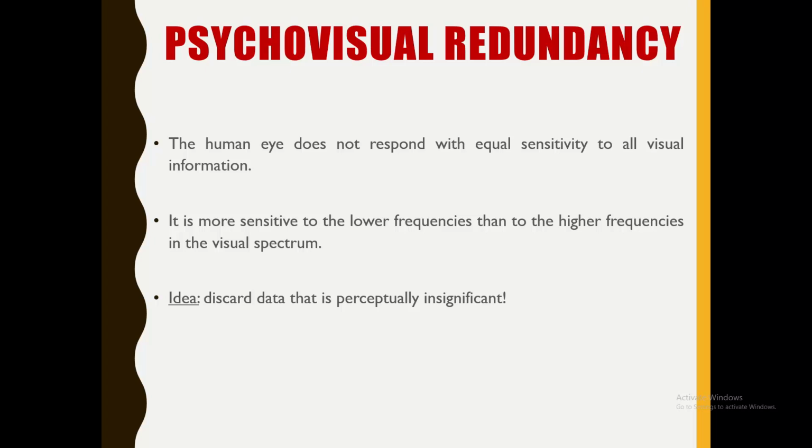The elimination of psychovisual redundant data results in a loss of quantitative information. It is commonly referred to as quantization. This type of technique is also known as lossy compression, since we lose some information that cannot be retrieved.